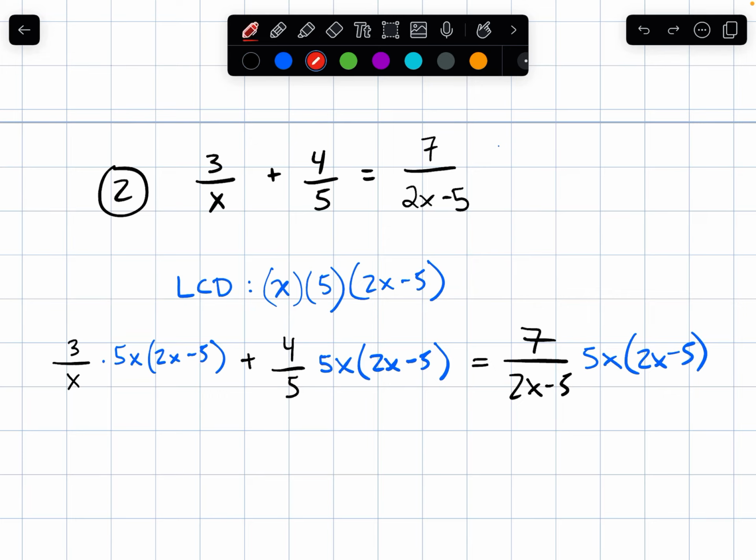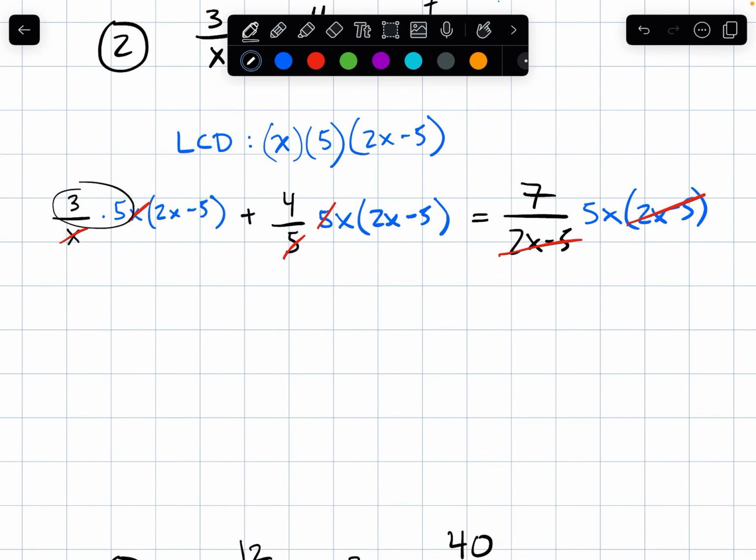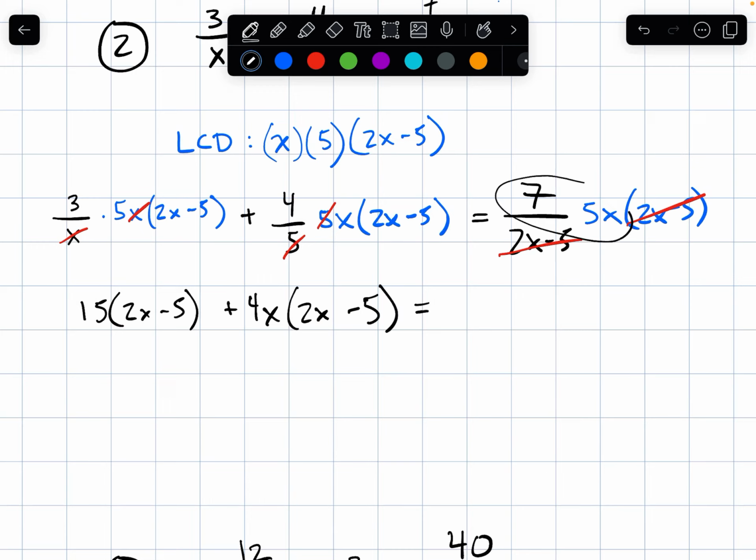The reason why this works so well is because you're going to notice things cancel out. I have this x and that x cancel out, the 5 and the 5 cancel out, and the 2x minus 5s cancel here as well. So I'm going to do a little bit of distributing. We know that 3 times 5 is 15, so I've got 15 times 2x minus 5. Here we've got 4 times x is 4x, so plus 4x times 2x minus 5.